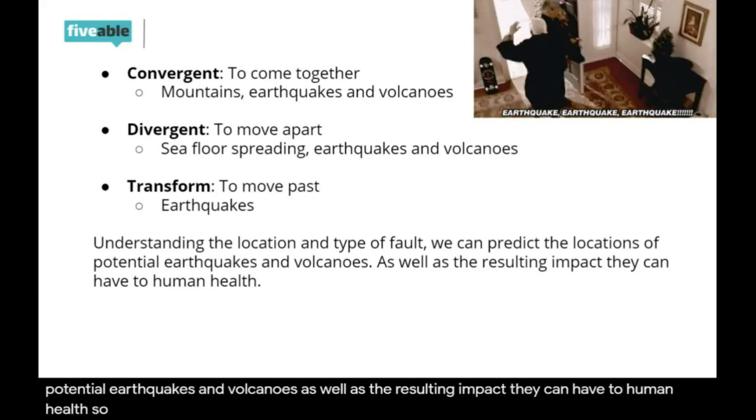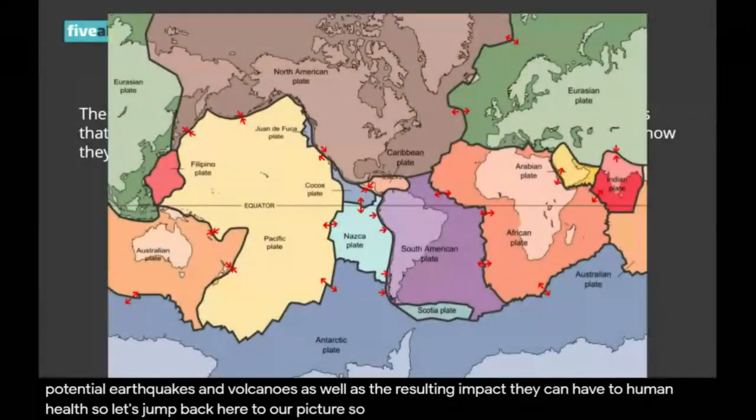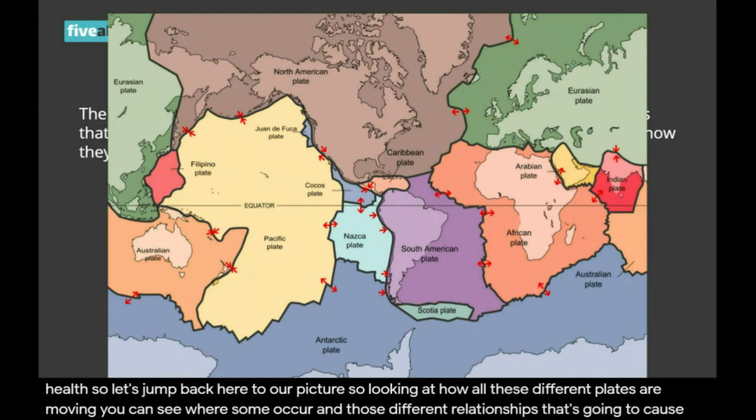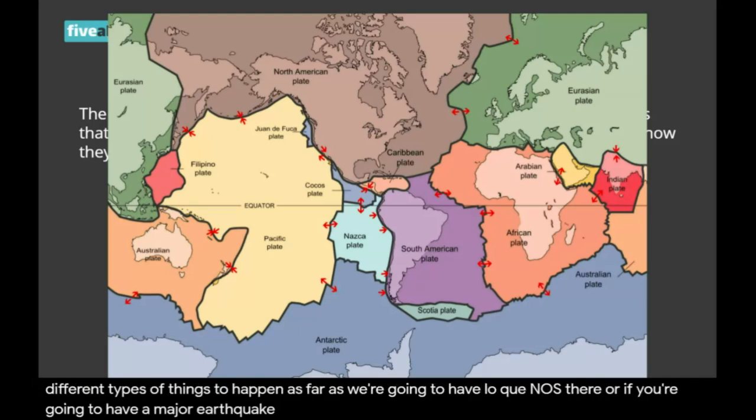So let's jump back here to our picture. Looking at how all these different plates are moving, you can see those different relationships, and that's going to cause different types of things to happen, whether we're going to have volcanoes there or major earthquakes.